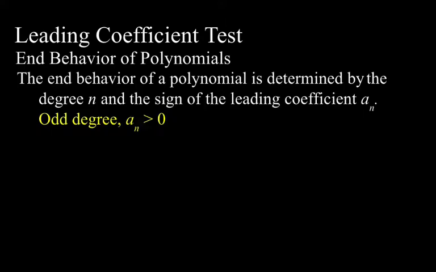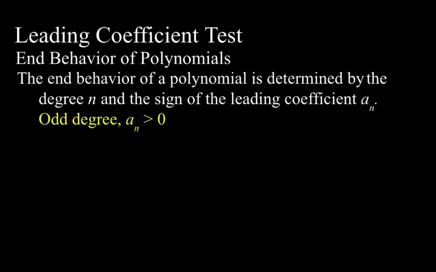Now we're going to come back and think about those power functions again. And the reason we're going to do that is because they give us some information about what we call end behavior of polynomials. And to figure out the end behavior of a polynomial, we want to use something called the leading coefficient test.